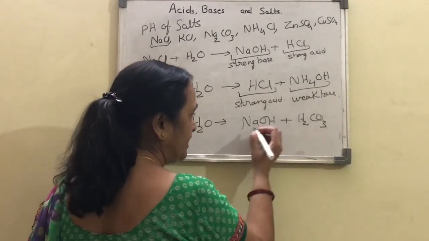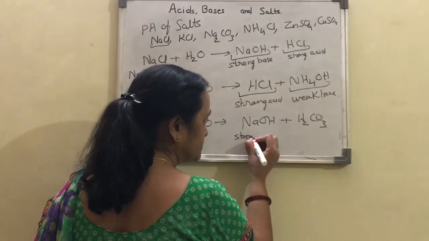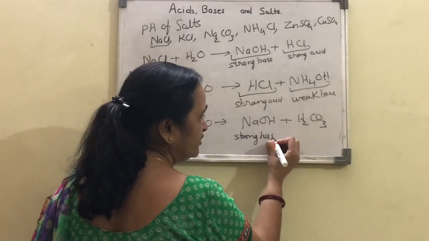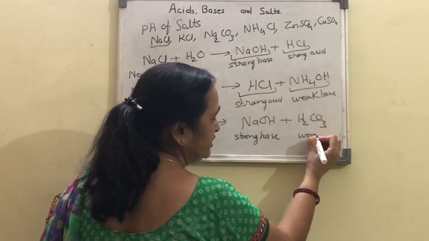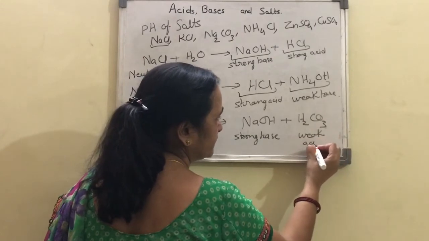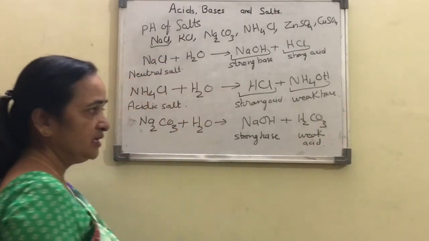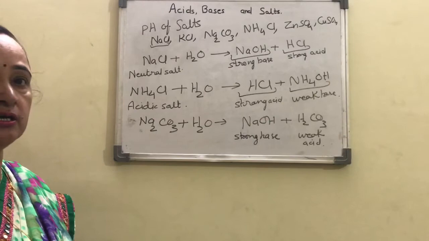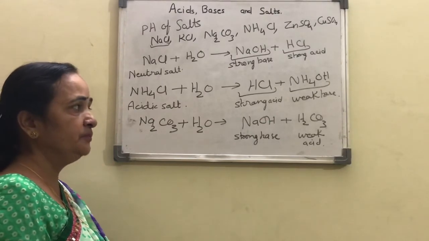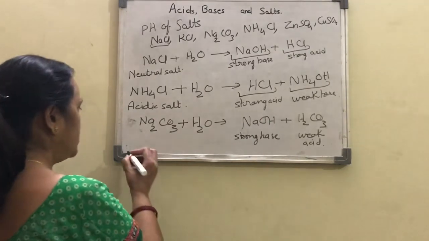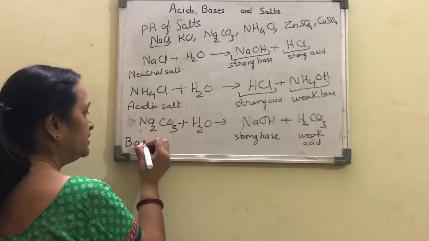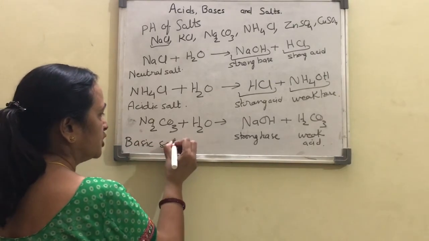Sodium hydroxide is a strong base and carbonic acid, you know, is a weak acid. So here the acid is weak and the base is strong. It means which type of salt will be formed here? This will be a basic salt.